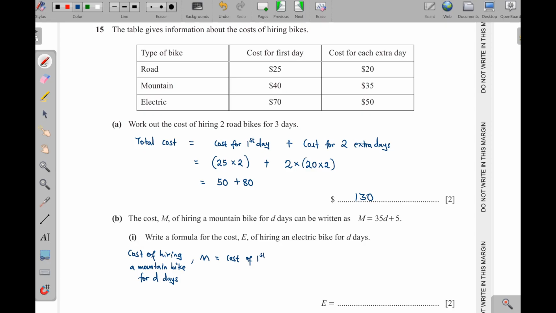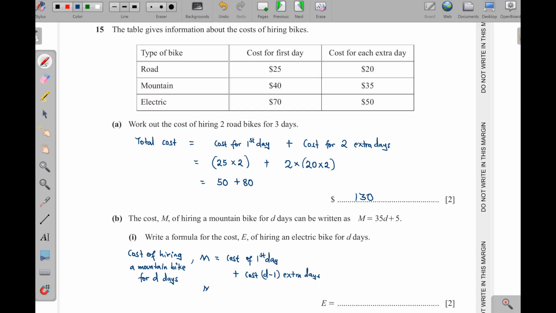First day. Not so? Then plus the cost of extra days. So extra days are going to be D minus 1. Not so? Extra days. Do you get it? If you are hiring it for 5 days, then there is the cost for first day and then the 4 days. So that's why I'm subtracting here a 1.